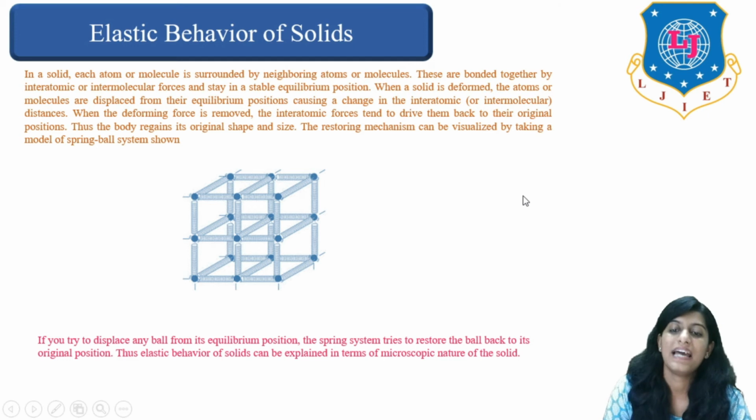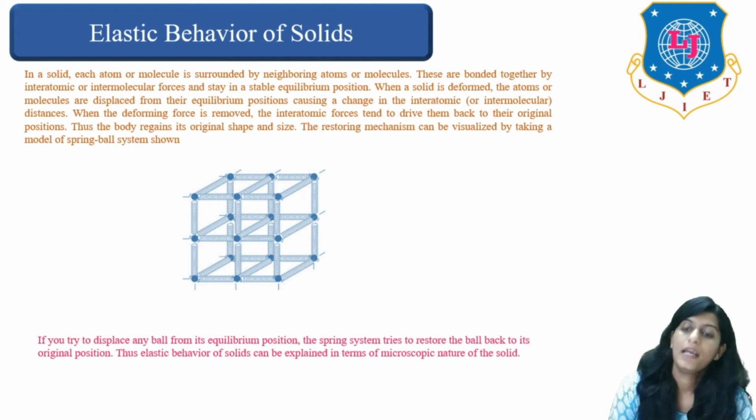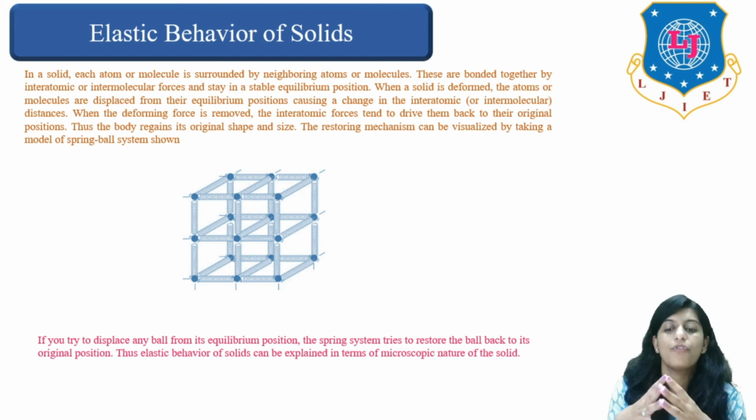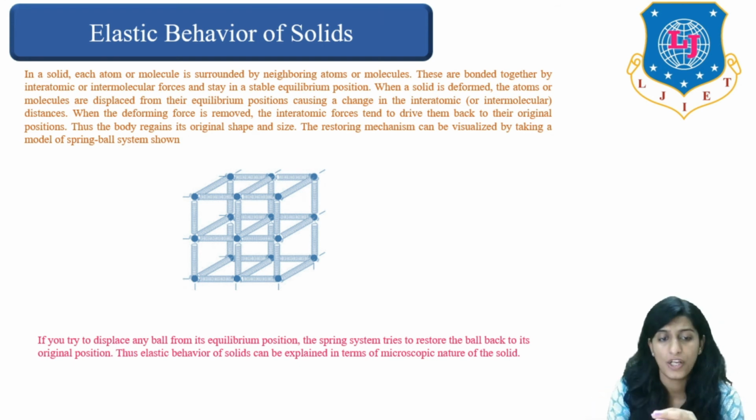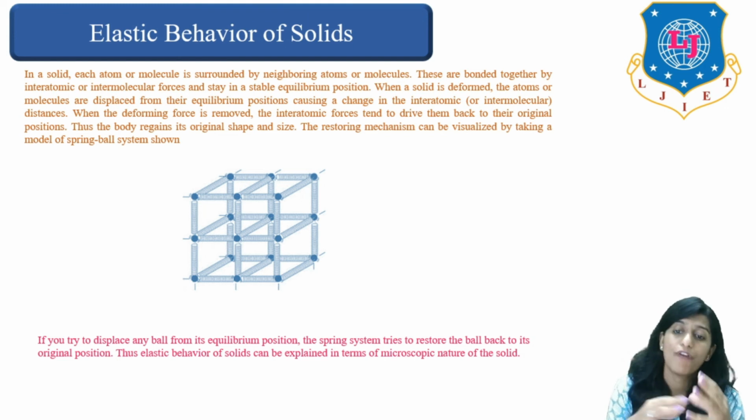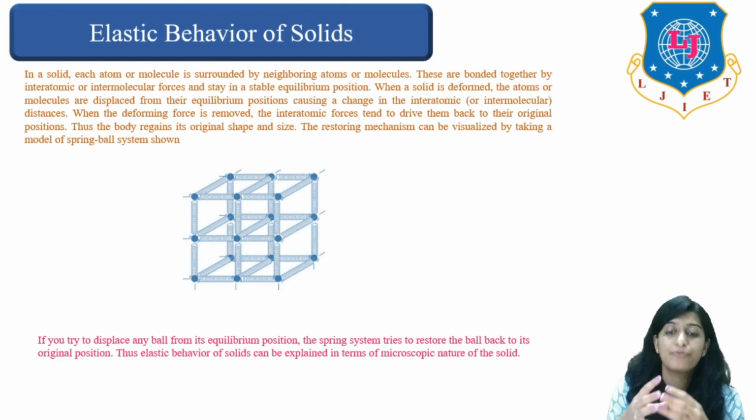Now, this is the elastic behavior of solids. So what do we mean by elastic behavior of solids? In a solid, we all know that each and every atom or molecule is surrounded by other atoms or molecules, and these are bonded together with intermolecular or interatomic forces which are at equilibrium position. We know about this, right?